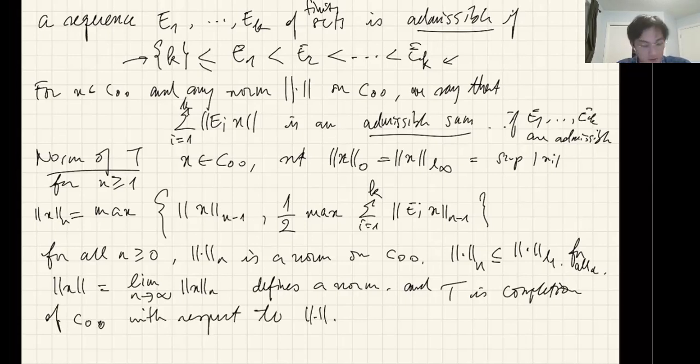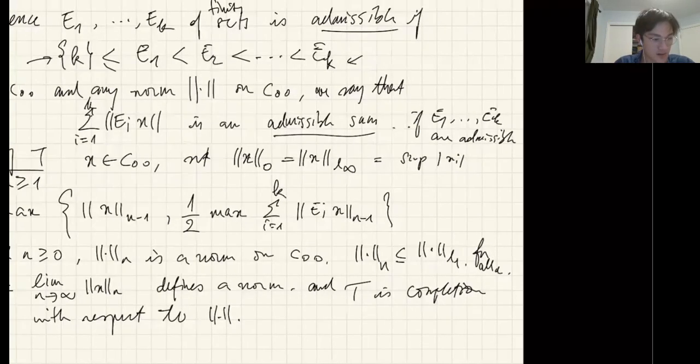Okay, so I proved all these little statements in the notes, so you can go see that if you're unconvinced, or you just need more time to digest this definition. So what we've done is we've constructed a sequence of norms inductively, and because they increase, we take the limit, so it's kind of the maximum of all of them, to be the norm on C00, and then we take the completion, and that gives us a Banach space T.